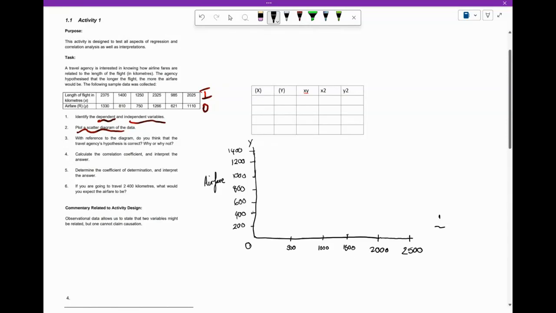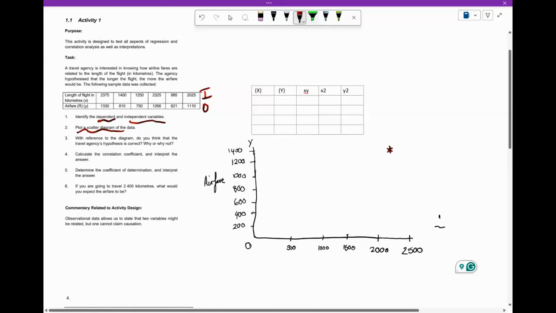Now we want to get our scatter plot going. First coordinates: y value 1330, so that's somewhere over here, and that is for an x value of 2375, so that would be somewhere over here. Maybe let me use a different color. I'm going to do it as a star.